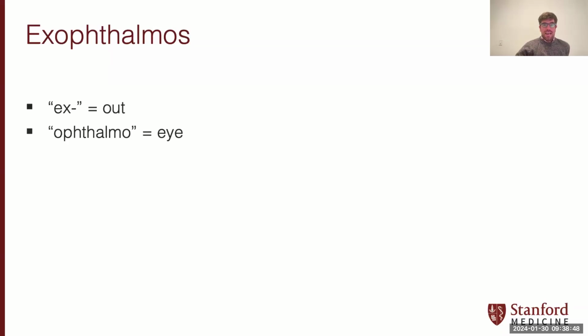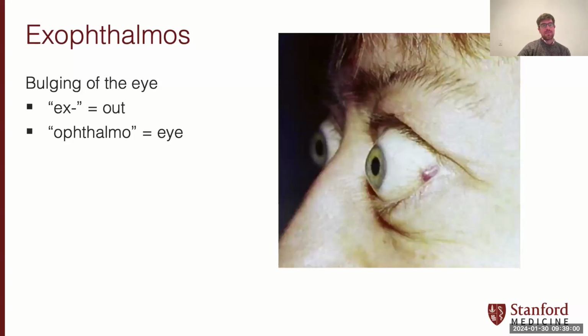So ex is out, ophthalmo is eyes. It's a little bit of a stretch, but once you put those together, it's the eyes moving out of where they're supposed to be in anatomic space. And so it's bulging of the eyes.